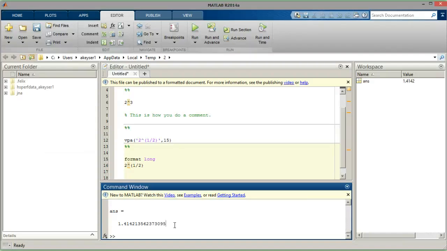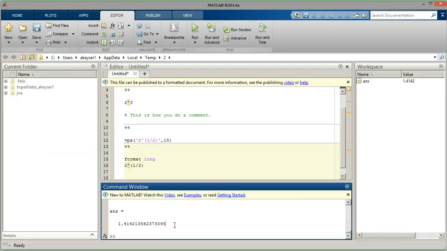Value precision accuracy gives you, not necessarily 15, but any number of placeholders. Value precision accuracy gives you placeholders. Format long gives you a number of decimal places. So if you put in 37 for value precision accuracy, it's going to give you 37 different placeholders, including the numbers before the decimal point.